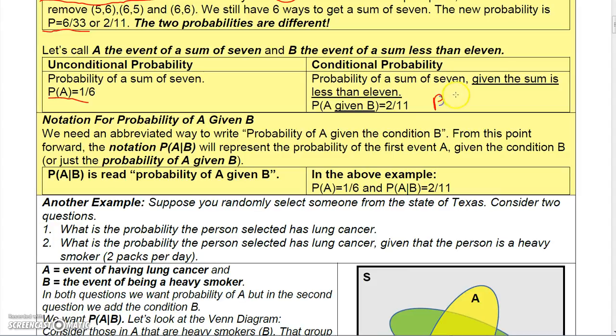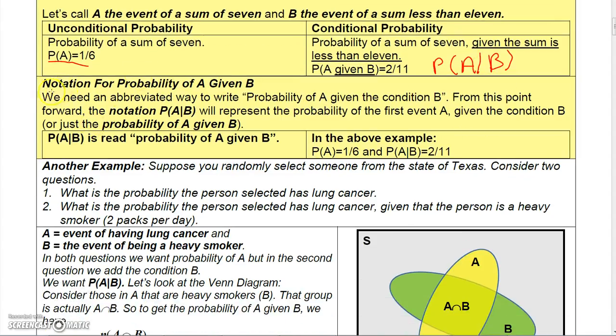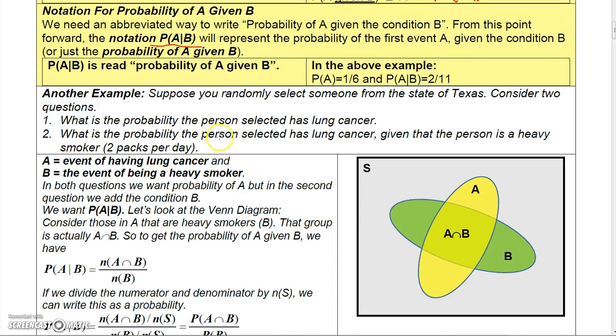And to shorten that notation, we put just a vertical bar between A and B. So when you see this, it means the probability of A occurring given the condition B occurred previously. So the notation for the probability of A given B is just this notation. As I said, the probability of A was just 1/6, but the probability of A given B is 2/11.